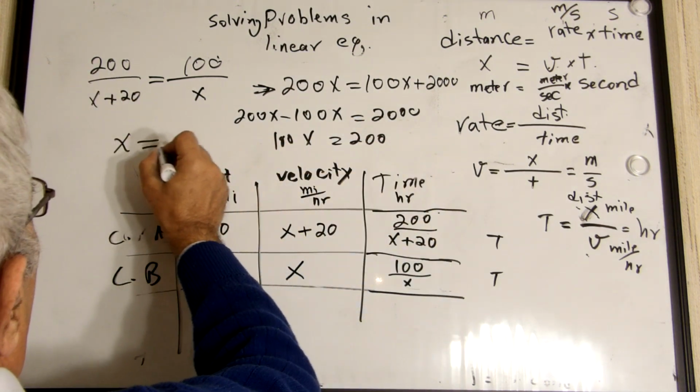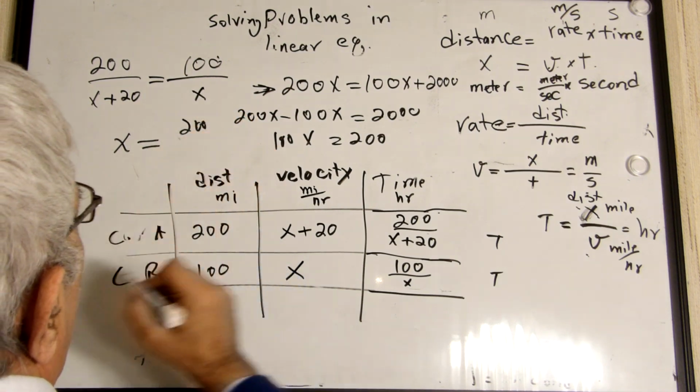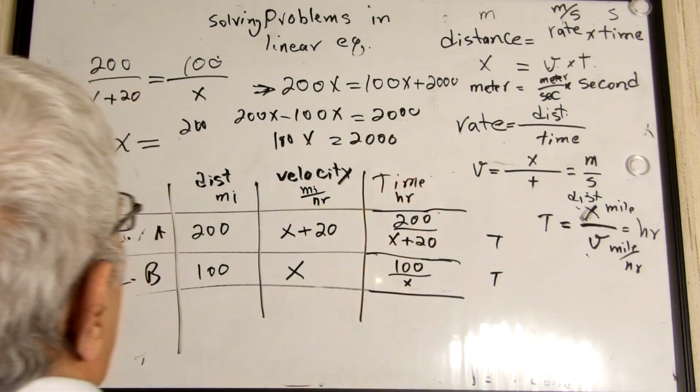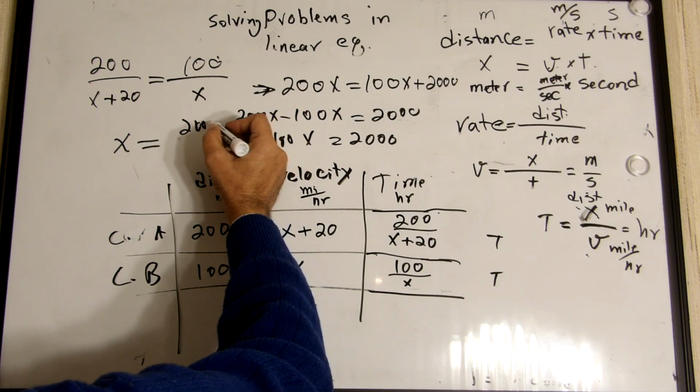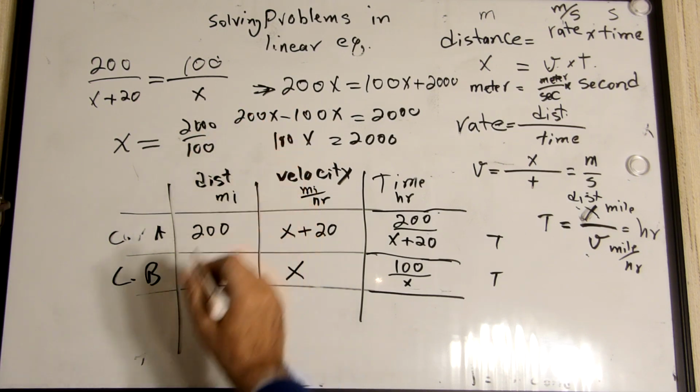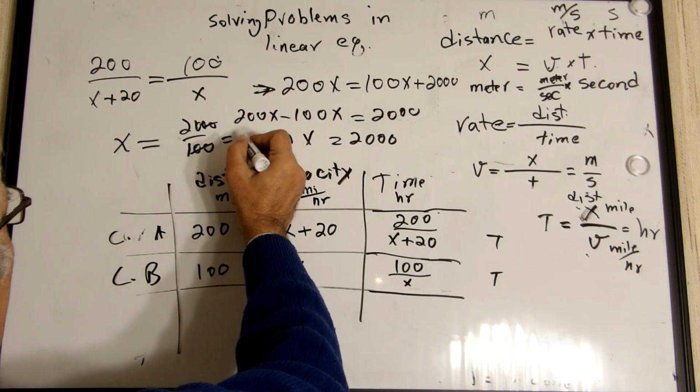X is going to be 2000 divided by 100. It's going to be 20.